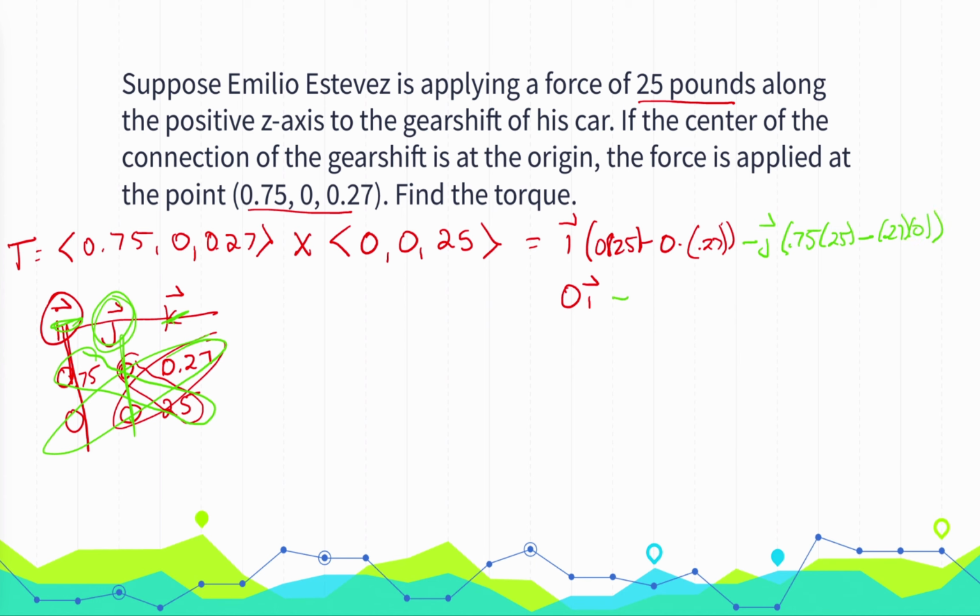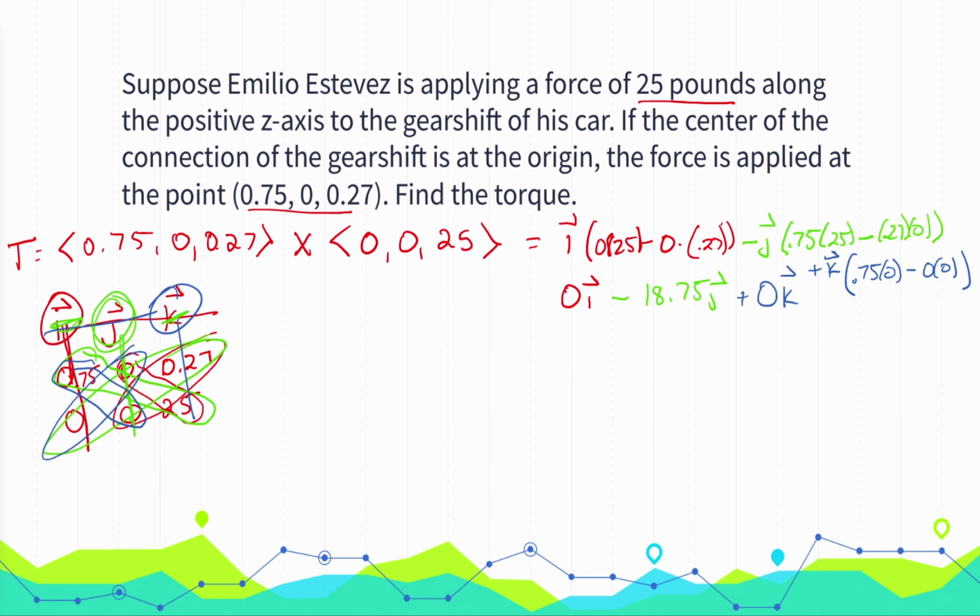And so that is 0.75 times 25 is 18.75 minus 0. And then we're going to do K. So cross out the row with the letters, cross out the K column, 0.75 times 0, and 0 times 0. And that's also 0. That's plus 0, K.